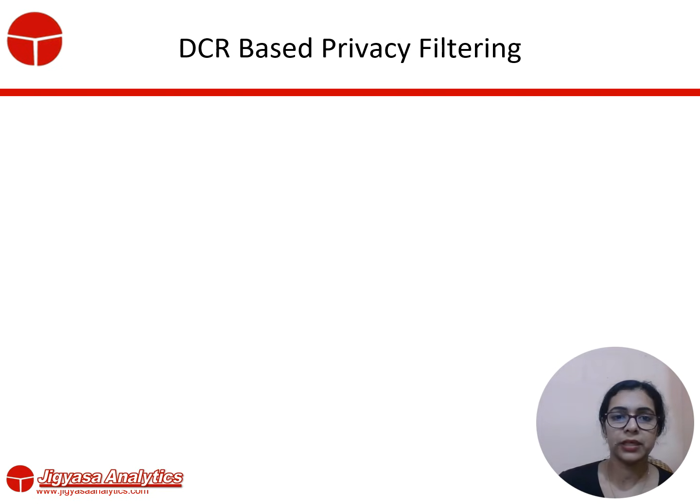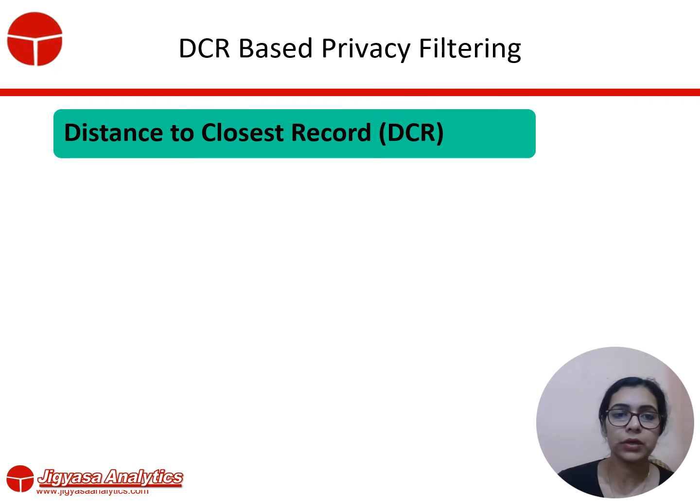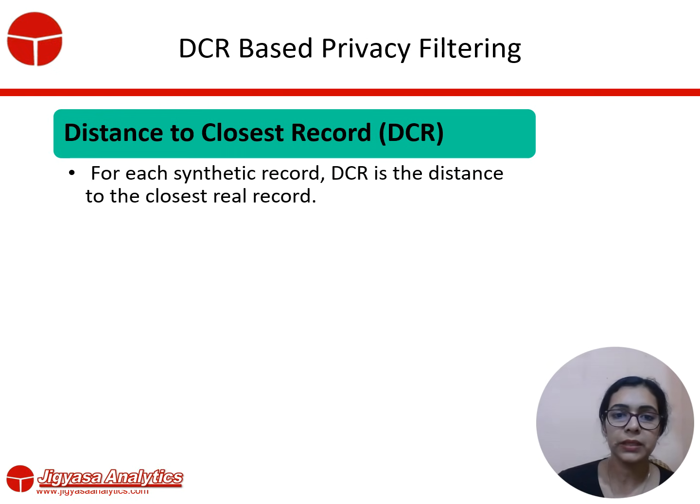This slide explains how we check privacy using DCR, which stands for distance to closest record. For each synthetic record, we measure how far it is from the nearest real record. If the distance is 0, that means the synthetic record is identical to a real one, which is a privacy risk.